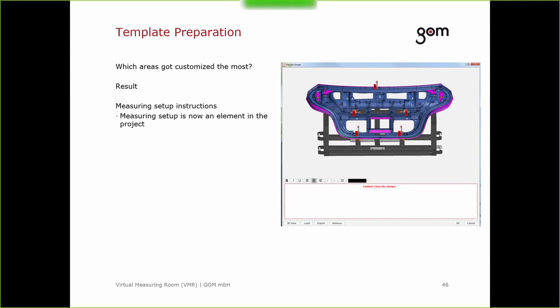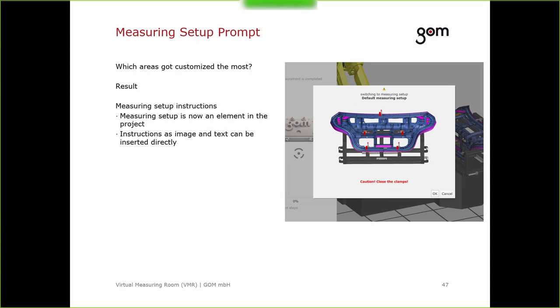Which clamp needs to be closed and in which order? The measuring setup instructions is now an element in the Explorer. We talked about how to create such a measuring setup at the beginning of this presentation. The measuring setup can contain an image or text to show instructions, like mentioned before.